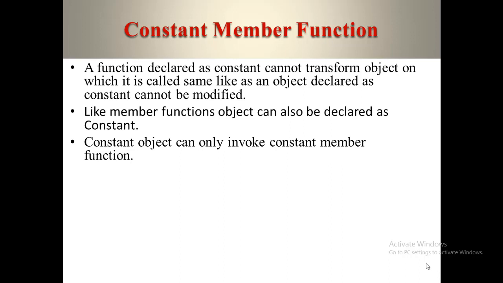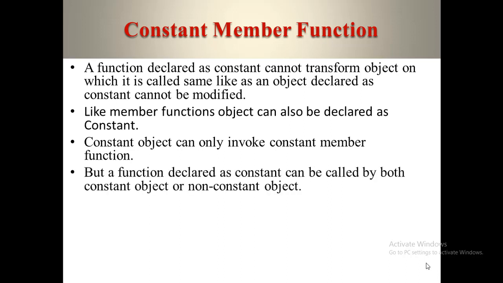This is a restriction for the constant object, that it can only call the constant functions, because it matches the property, you can say that the constant can call the constant, right? But a function declared as constant can be called by both constant object or non-constant object.